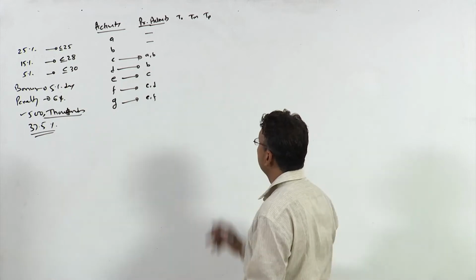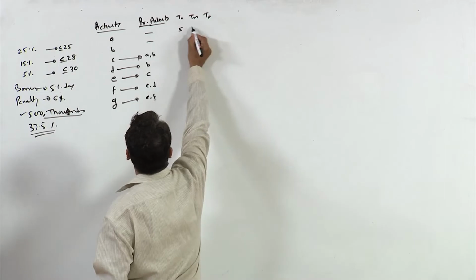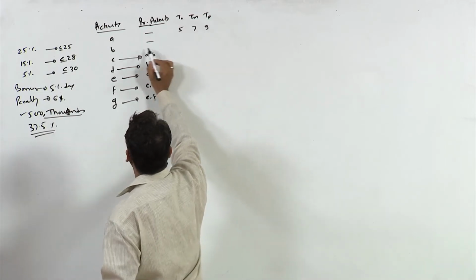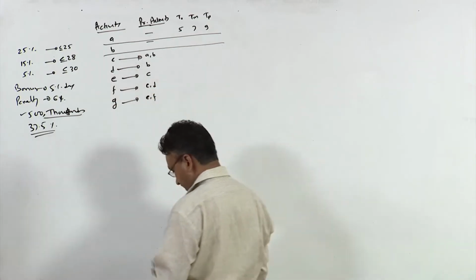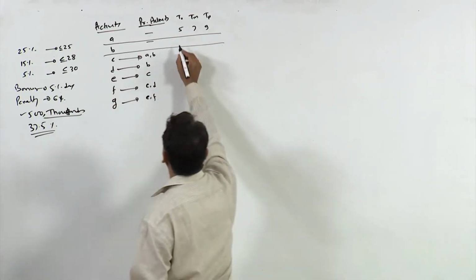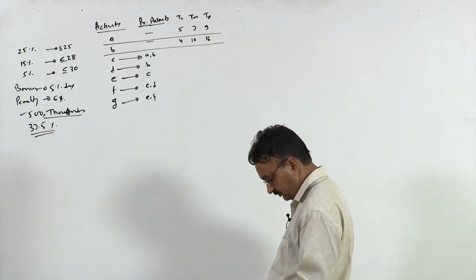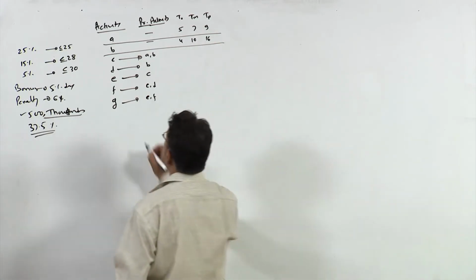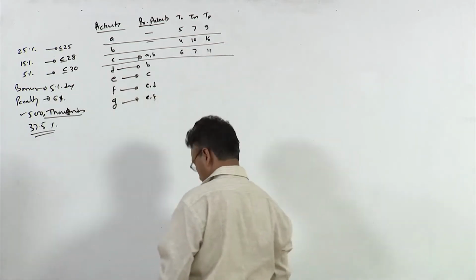Let us write the time estimates. For A it is 5, 7, 9. For B you have 4, 10, 16. For C you have 6, 7, 11.